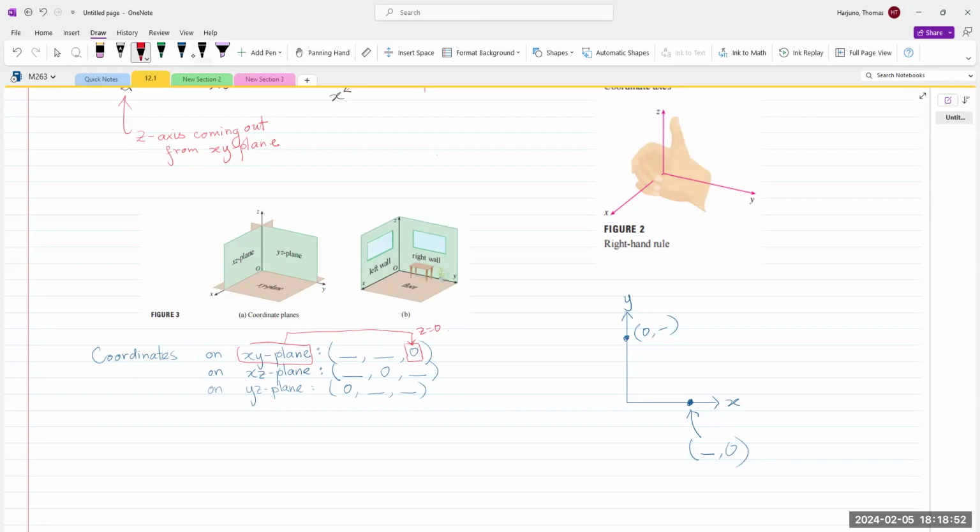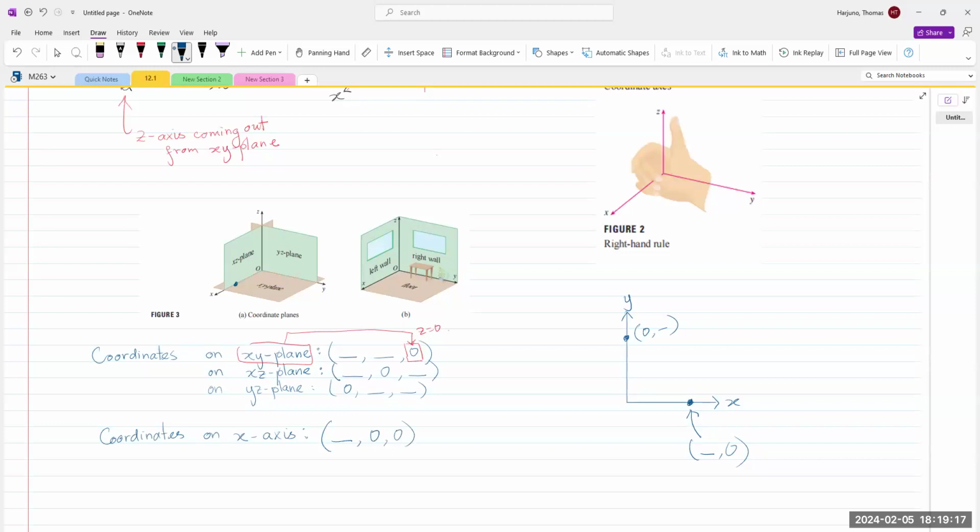Now, how about coordinates on the x-axis? Try to picture that. Let's say we have a coordinate right at the x-axis. Then the coordinate must be some number, comma, the y is 0, the z is 0.